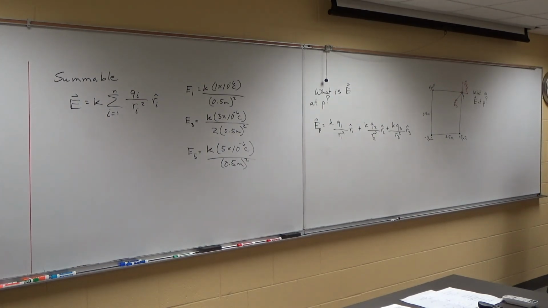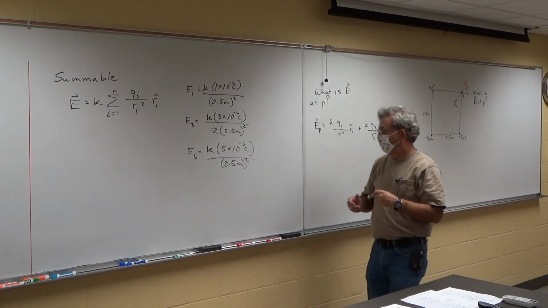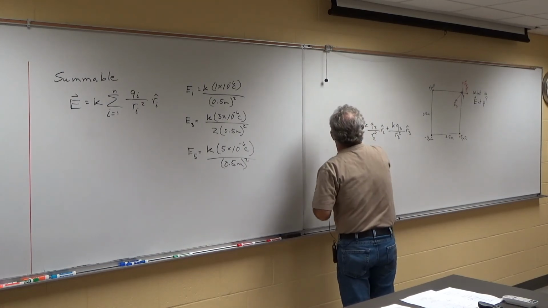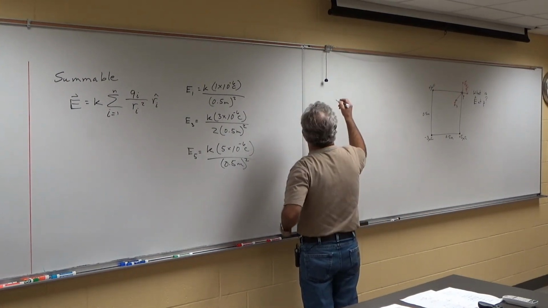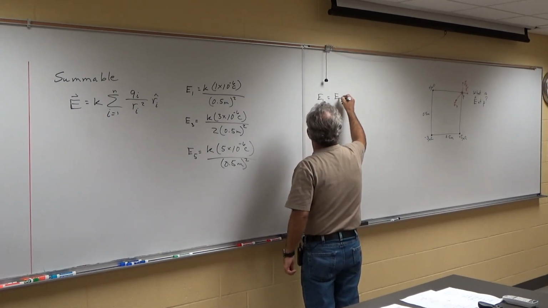So finding the resultant is an exercise in adding vectors, just like we've been doing. You have the magnitudes, you have to find the components. I'll write it out real quickly. E1x is equal to E1.